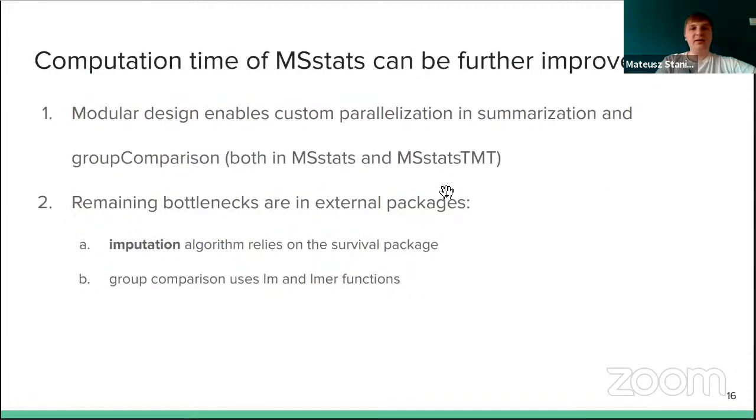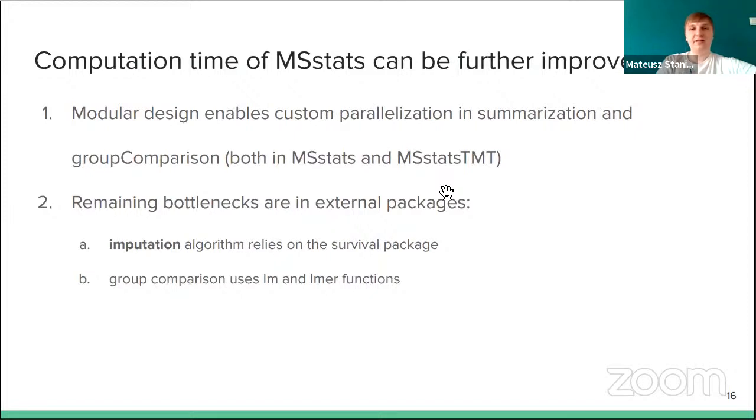There's more that can be done. On the user side, like I said a couple of times, it will be possible to parallelize the computations, but also we see some more bottlenecks that are now in the external code that we need to use in our packages. For example, imputation that uses the survival package in R is very time consuming.